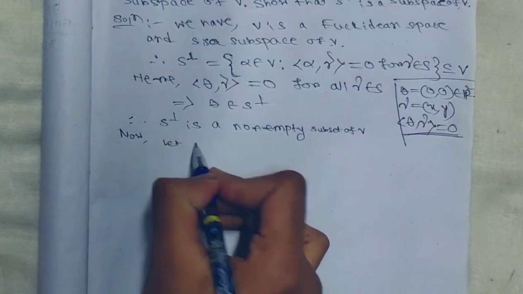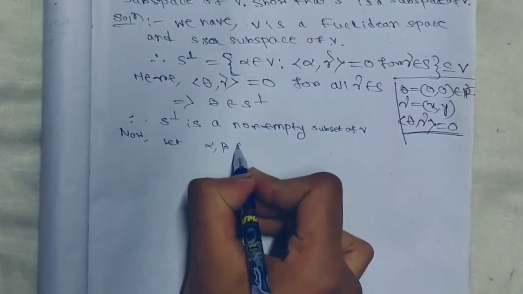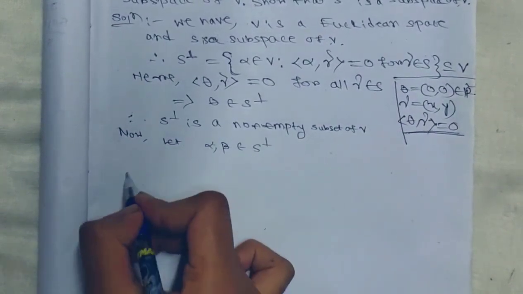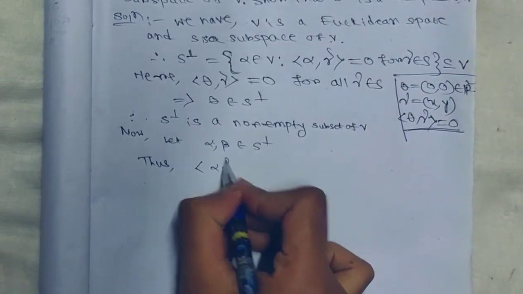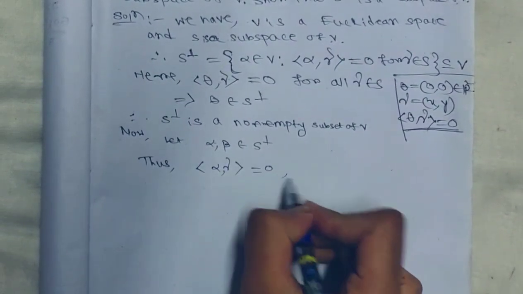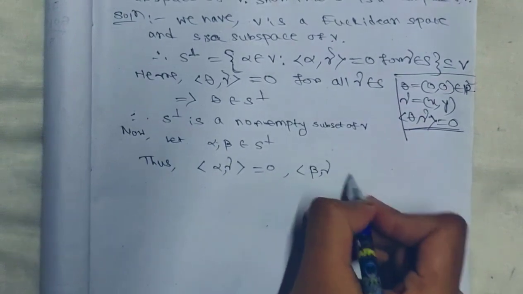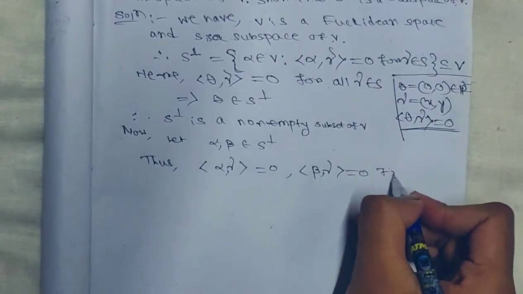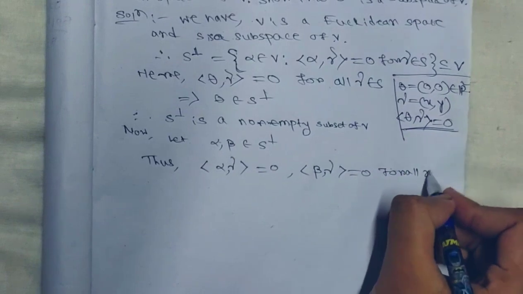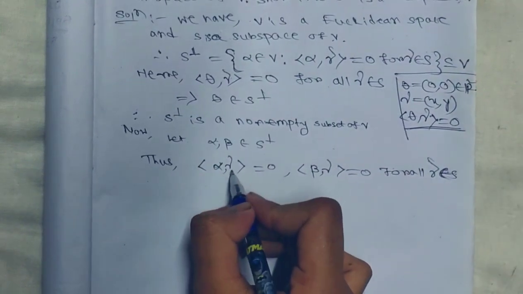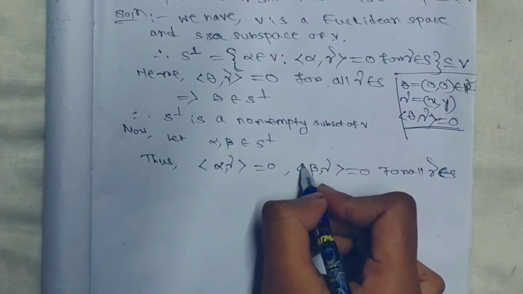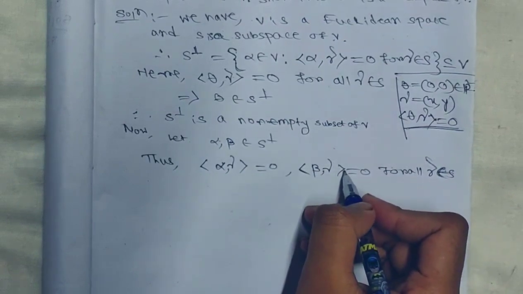Now let alpha, beta belongs to S bar. Thus inner product of alpha, gamma equals 0 and inner product of beta, gamma equals 0 for all gamma belongs to S. Gamma belongs to S के लिए inner product of alpha, gamma equals 0 होगा और inner product of beta, gamma equals 0 होगा by definition.